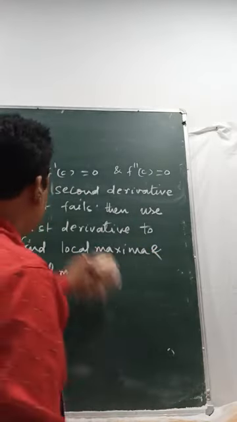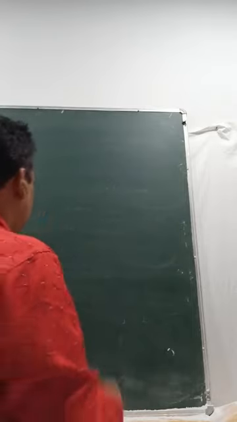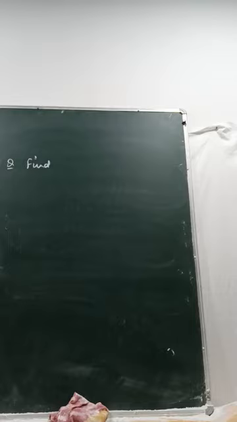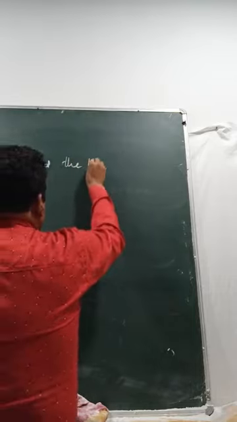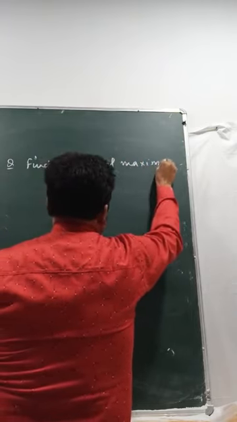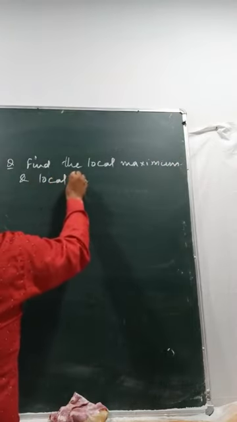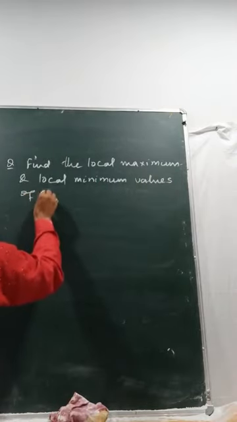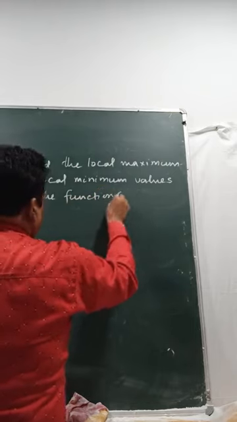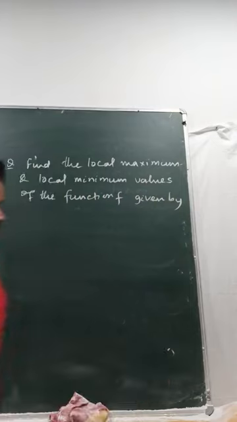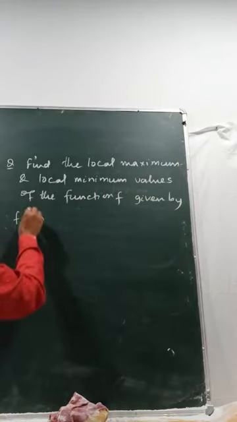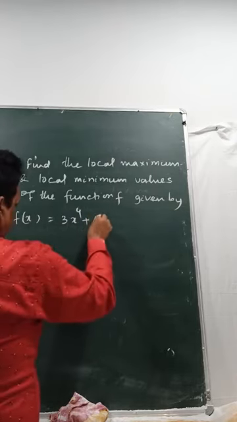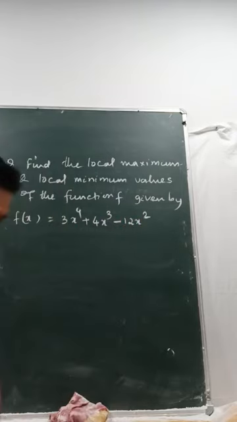Suppose we are given a question: find the local maximum and local minimum values of the function f given by f(x) equals 3x to the power 4 plus 4x cube minus 12x square plus 12.